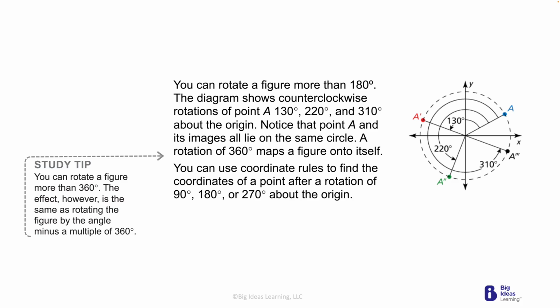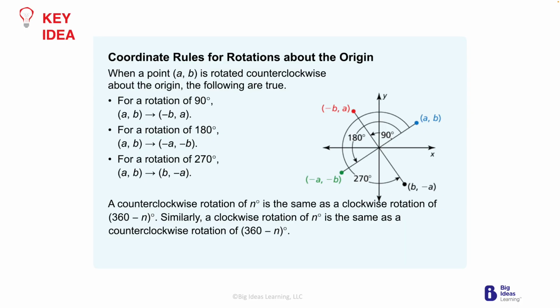Now, you do have coordinate rules that you can use if your rotation is 90, 180, or 270 around the origin. So it has to be around the origin. That's kind of important. Otherwise, use your protractor to do the angles. So your rules, these are for counterclockwise.